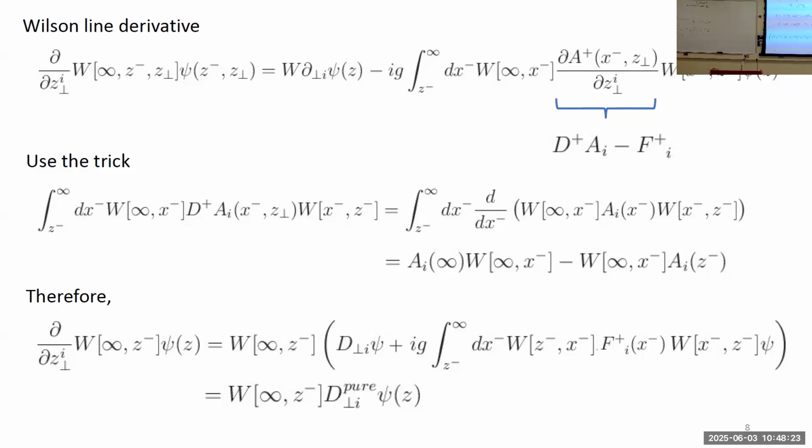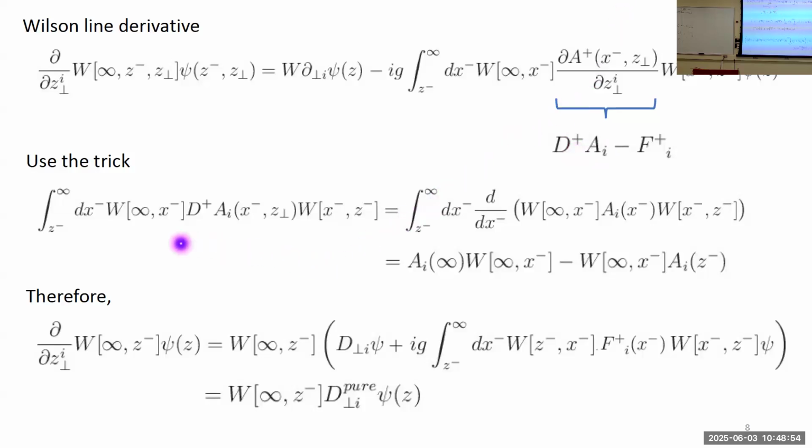I combined these two terms into the covariant derivative, and then I kept this as it is. So I can write the derivative of A plus as the difference between this and that. What I did here is just a trivial rewriting. Now I keep this F plus i as it is, but I do some manipulation of this D plus A i. Here's the formula.